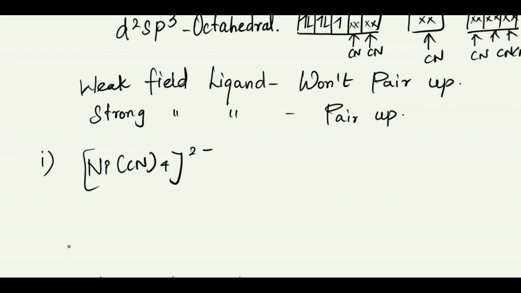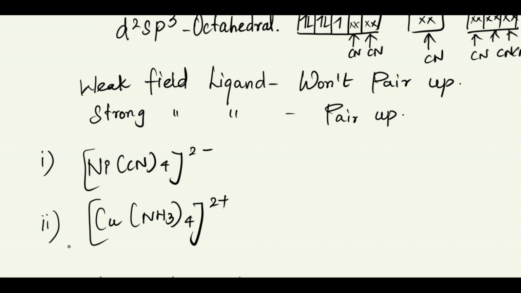For Cl we did that. For CN, find it out. CN is a strong field ligand. Then Cu(NH3)4 2 plus. It is also getting paired up. Find out the hybridization and the structure of these two complexes. Okay, these are the most important and frequently asked complexes. I am giving it to you.